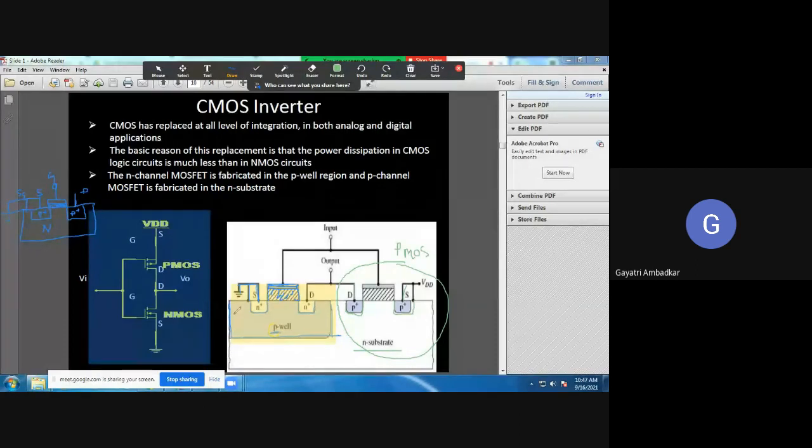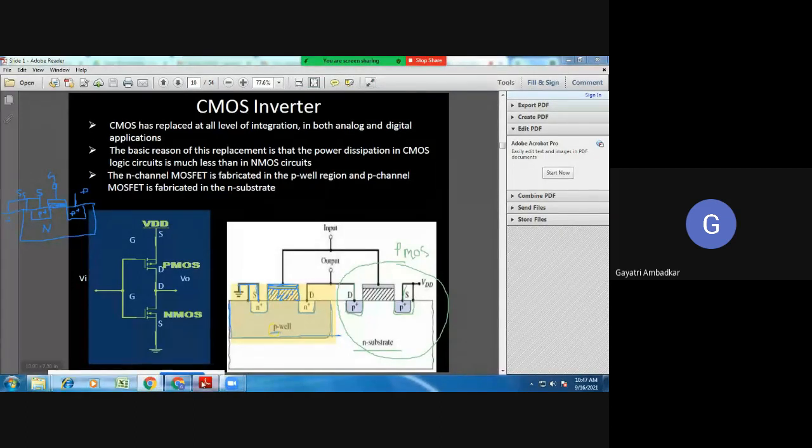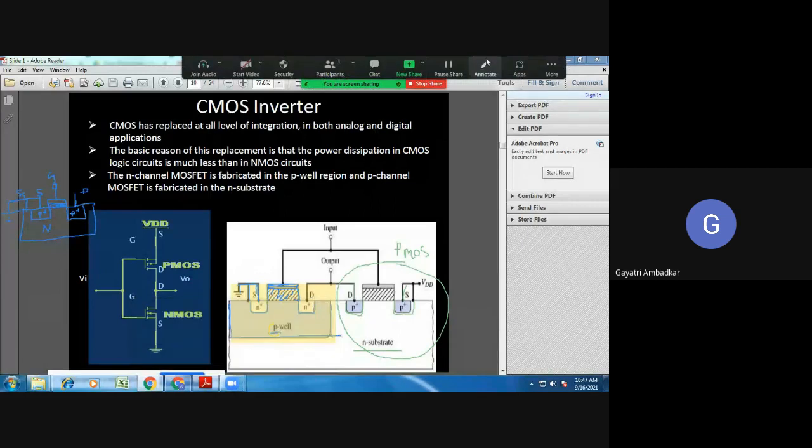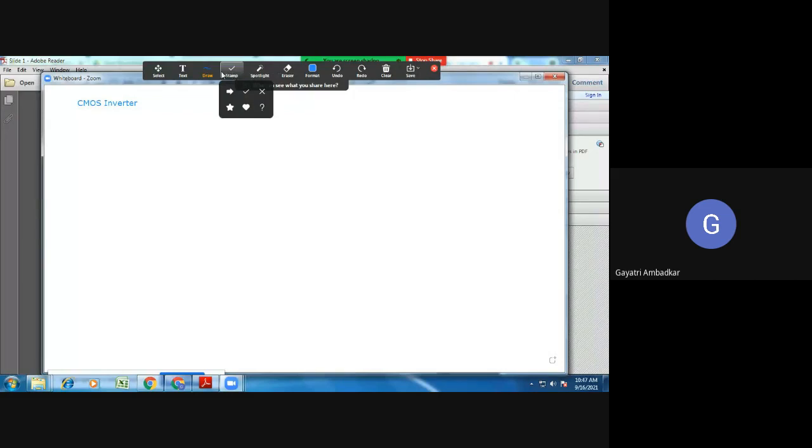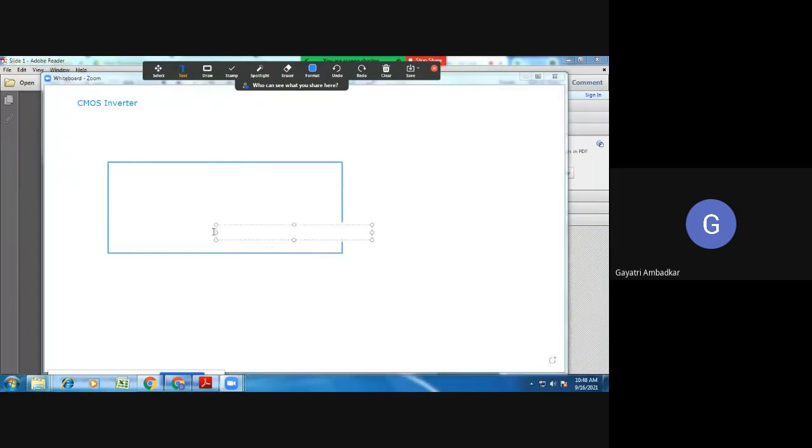To form CMOS, we have a substrate made up of N-type semiconductor. For CMOS, the substrate is an N-type substrate.